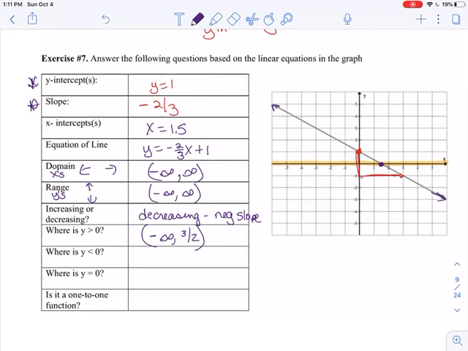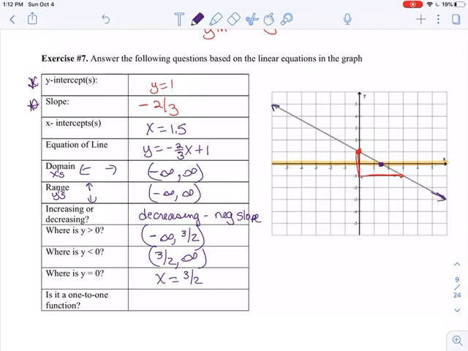I am not including the 3/2 though, because it doesn't say y greater than or equal to 0, it just says y greater than 0. Where is y less than 0? Again, anything below this line, so anything from 3/2 over, but I'm not including the 3/2, and forever and ever, it's going to be infinity.